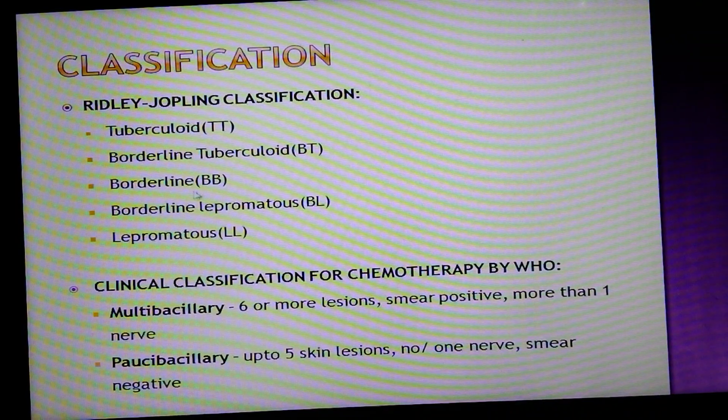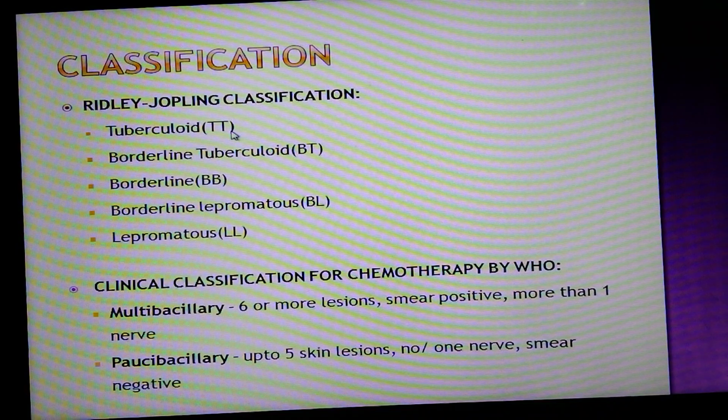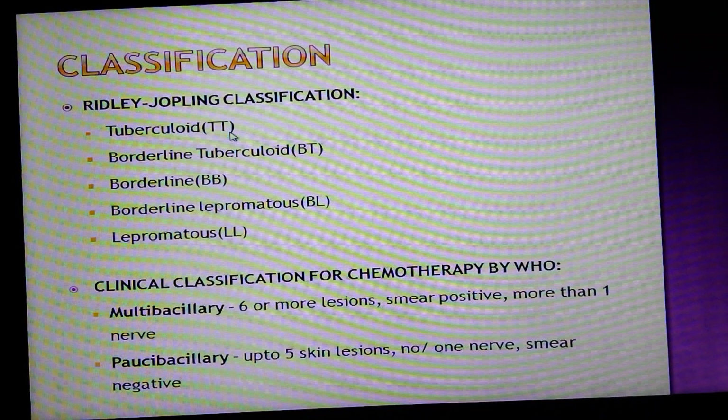The next is classification of leprosy. The leprosy classification was first done by Ridley-Joplin classification. Who is Joplin? William Joplin, born on March 2nd, 1911, lived till 1921. He was an Italian-born British leprologist, and D.S. Ridley was also a leprologist.